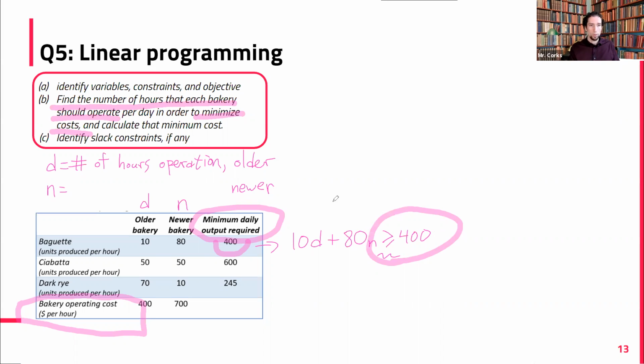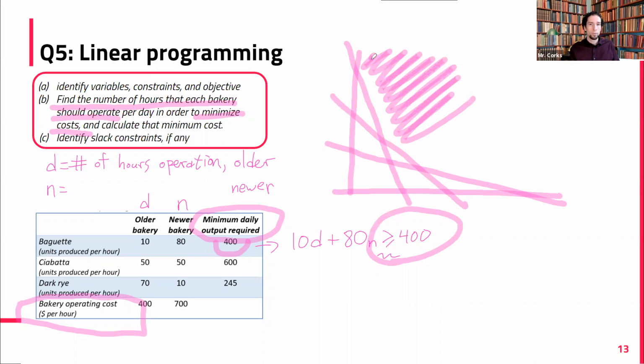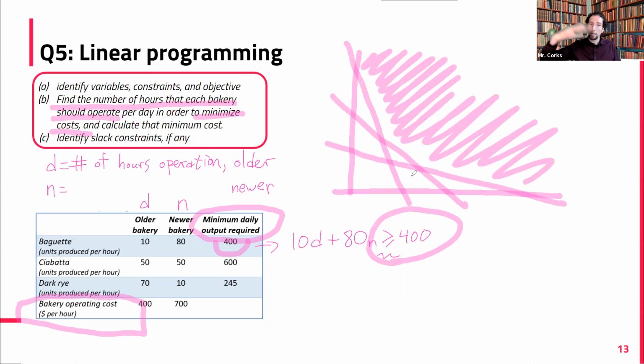Also, what Timothy said with the minimization problem, usually a minimization problem will look like this. In this case, we had 3 different constraints and we would end up shading above all of them. So greater than or equal to will be above the line rather than below the line. So usually, if you see a minimization problem, then we would be shading above and they'll probably be greater than or equal.